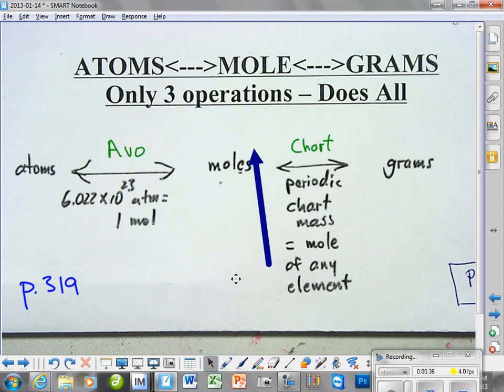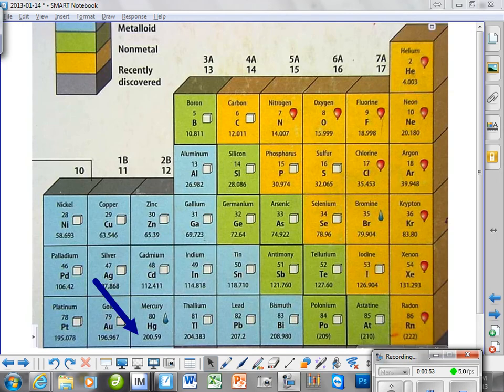And then if we're going from moles to grams or grams to moles, we're going to use the chart. And so the chart means the periodic chart mass, which is equal to the mole of any element. And on the periodic chart, where are those numbers located? Right here.